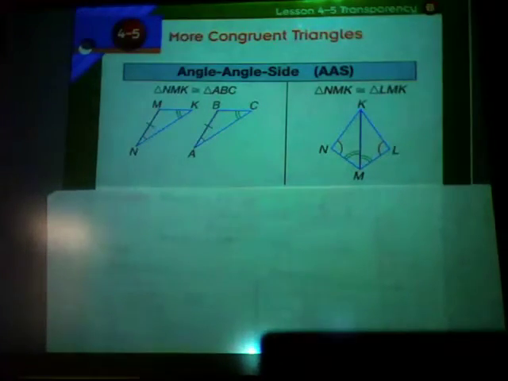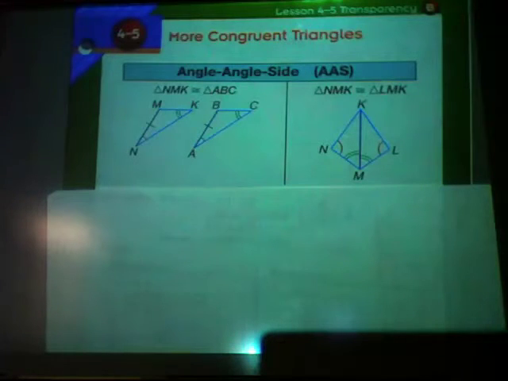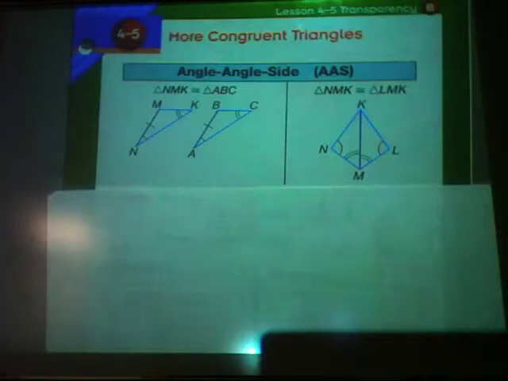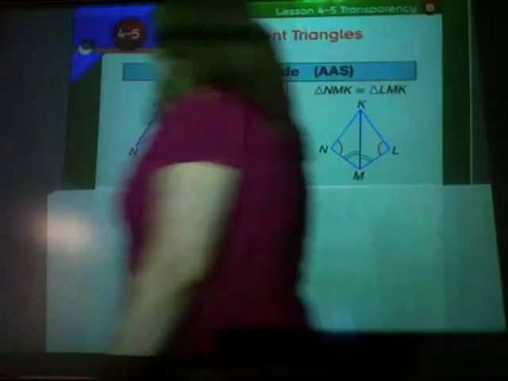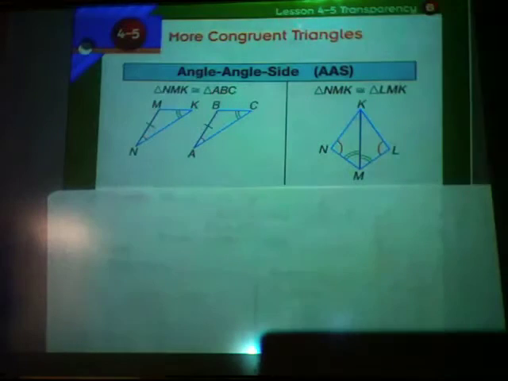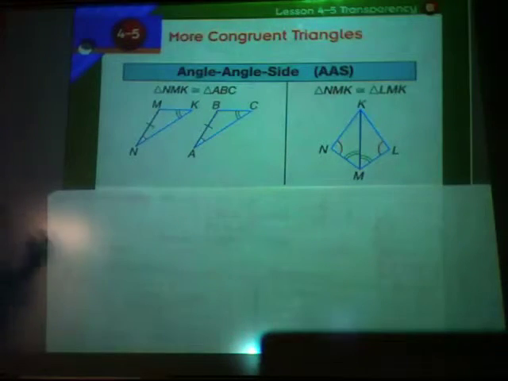One set of triangles shares a side. The other set of triangles don't. And look at their arc marks and tick marks. You're going to be given this and have to decide, is this SSS? Is it ASA? Is it SAS? Is it AAS? So I'll give you a picture like this, and you kind of have to decipher what's going on.